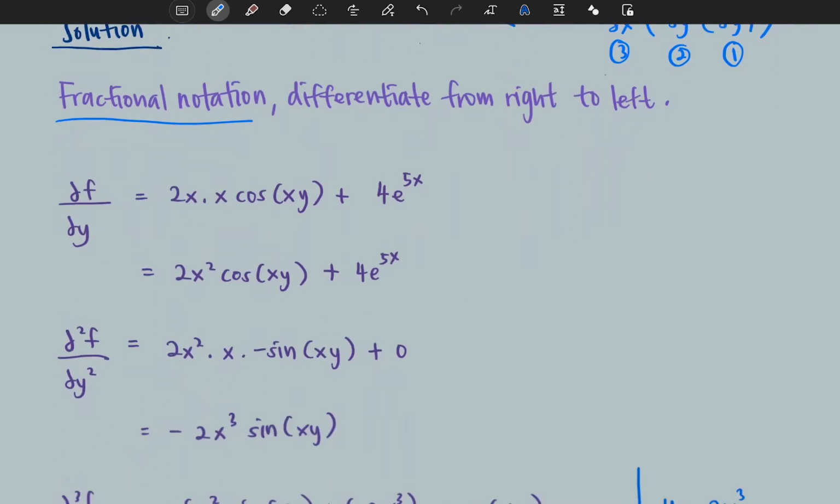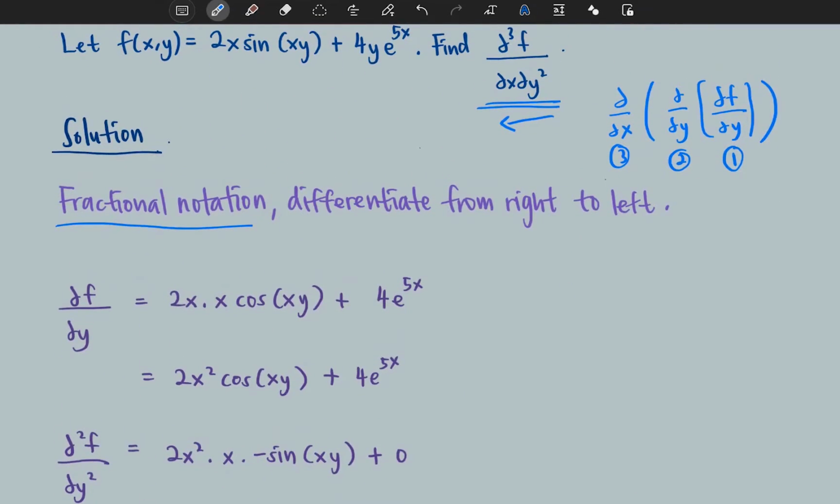That's why here we have del f del y, means we differentiate f with respect to y and assume x as constant. X will be constant. So 2x here is going to be constant. Differentiate sin xy. Differentiate the angle, differentiate xy with respect to y is x. So x.